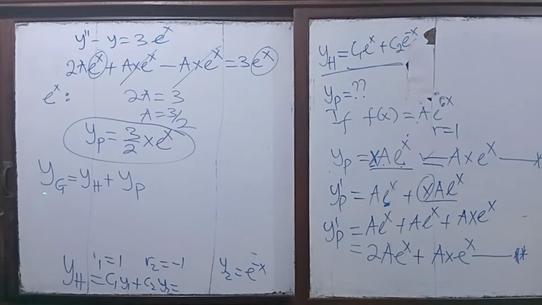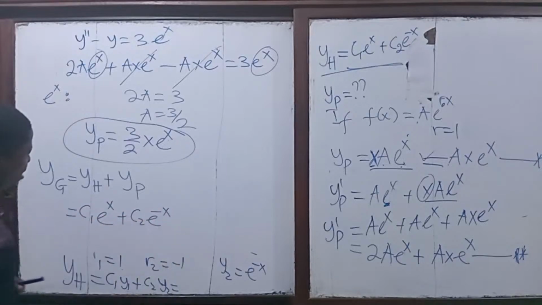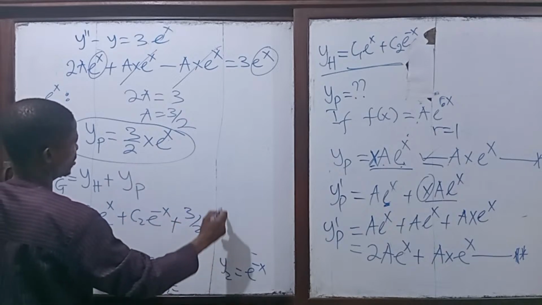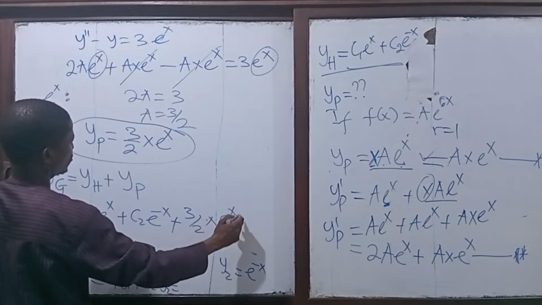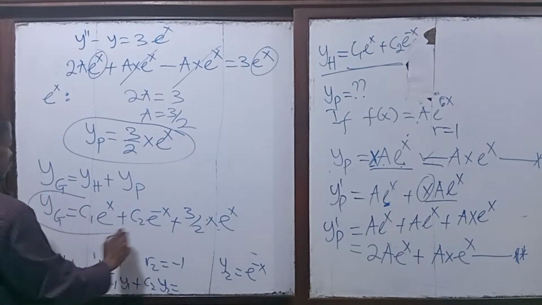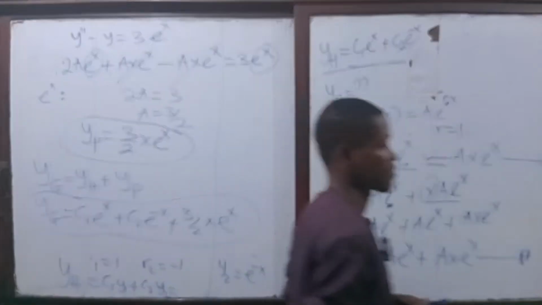That will give me c1 e to power x plus c2 e to power minus x plus yp, 3 over 2 x e to power x. And that finishes the general solution, the solution of the non-homogeneous differential equation.